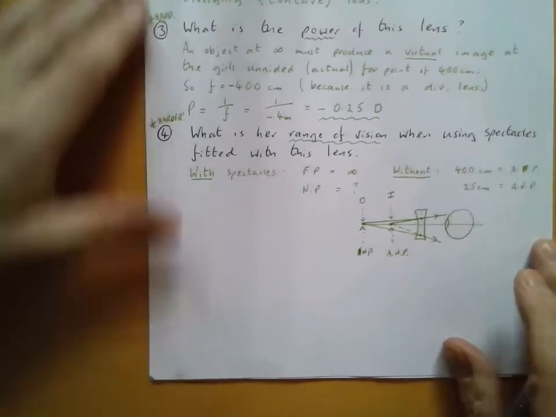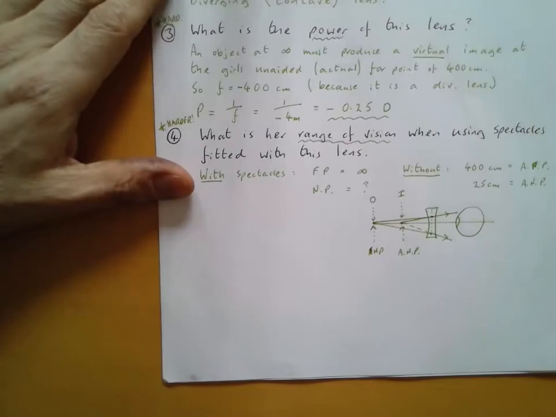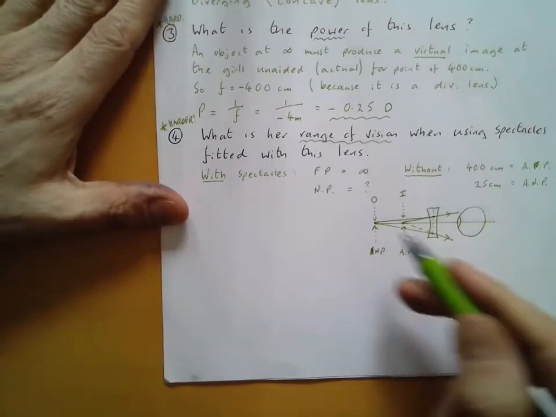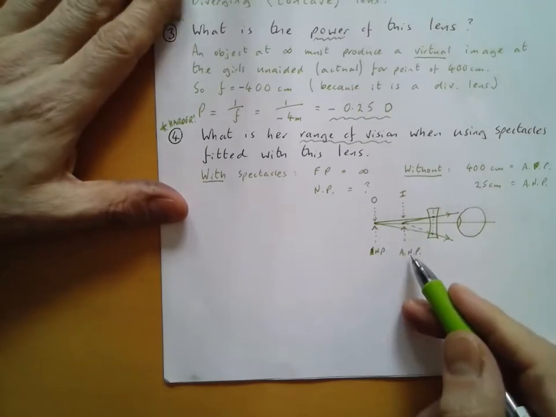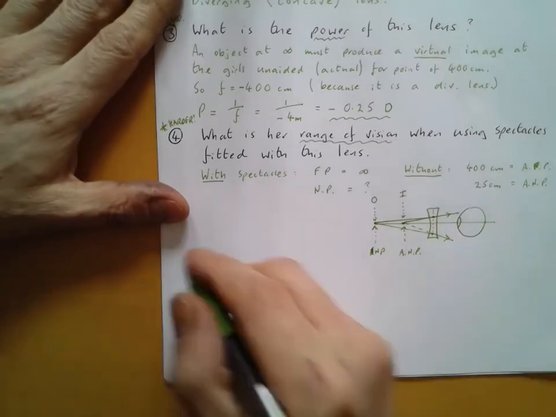So what we're looking for then is the position of a real object that produces a virtual image at her actual near point of 25 centimeters.